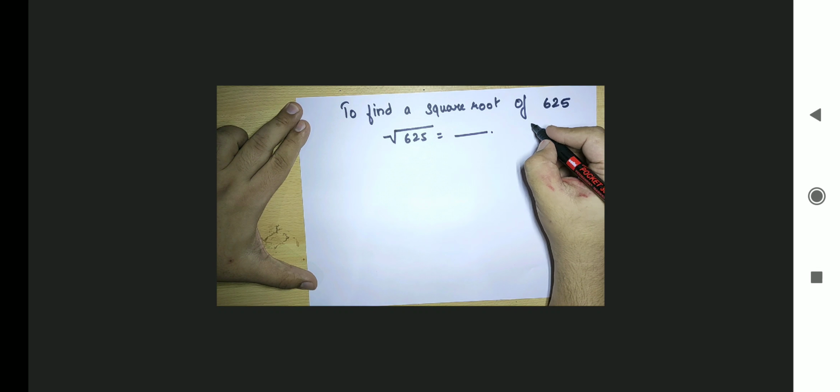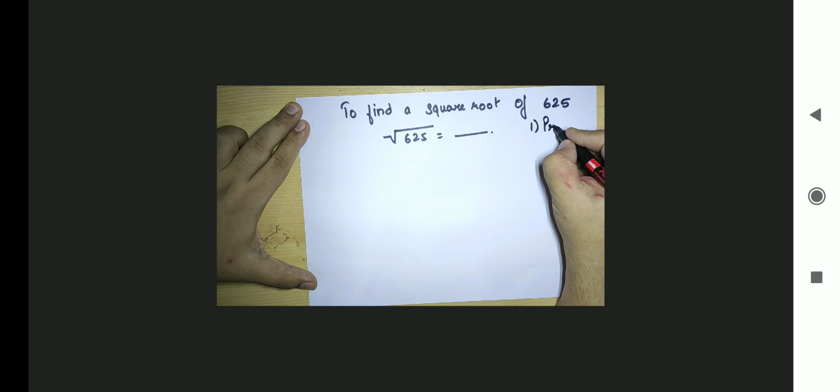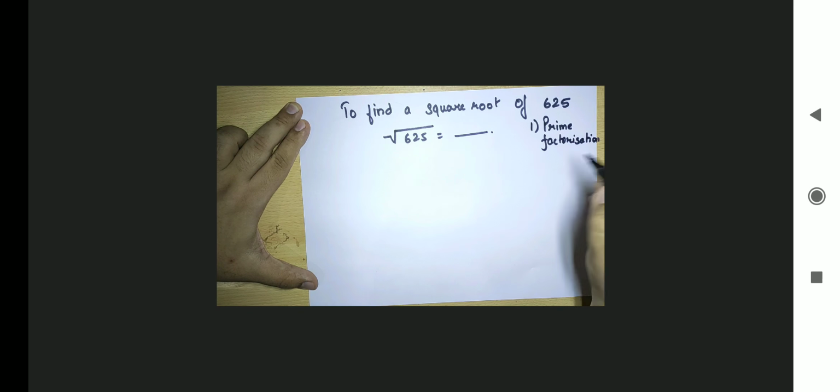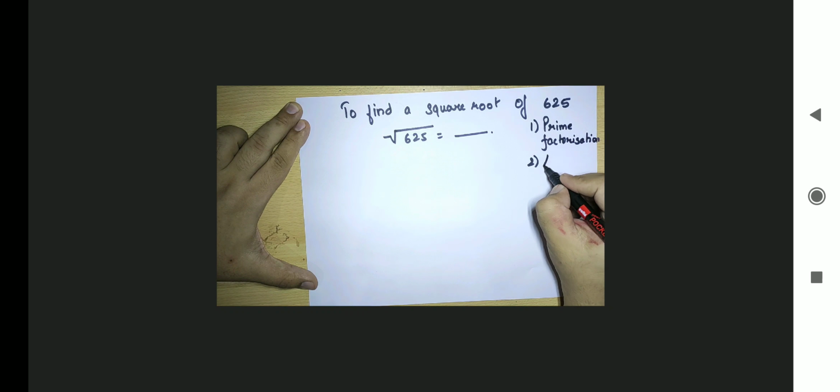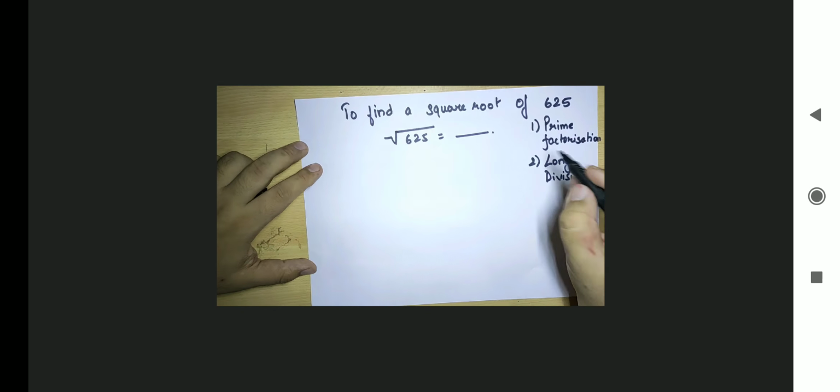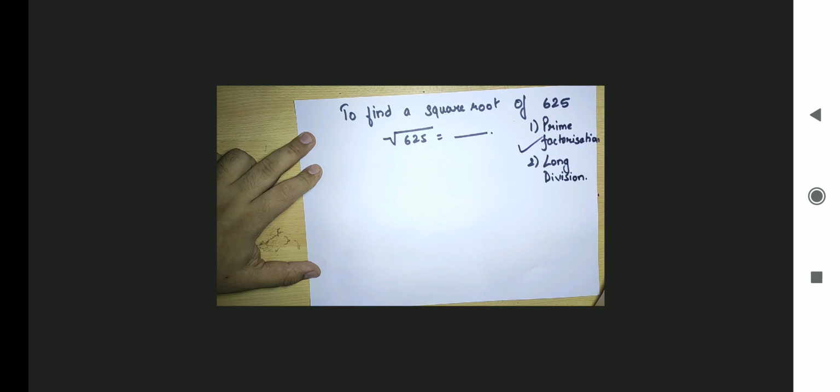There are two methods. The first method is the prime factorization method, and the second method is the long division method. Let us start with the prime factorization method.